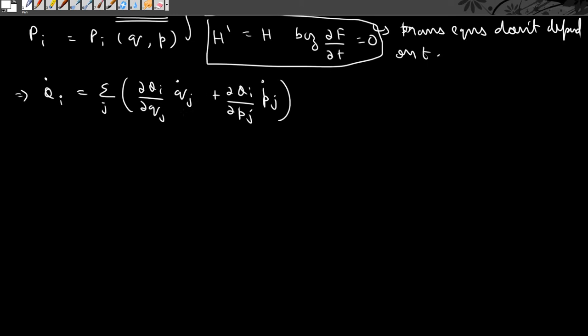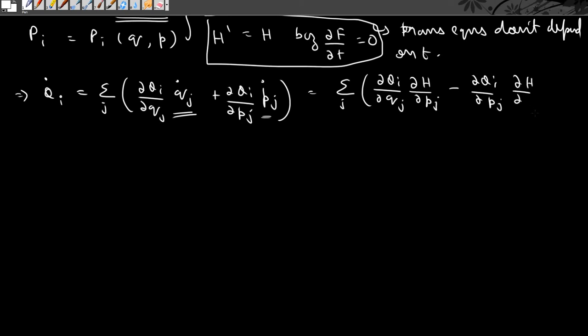Now if I use our Hamilton's equations to express q_j dot and p_j dot in terms of H, this will be equal to the summation over j of dou Q_i by dou q_j times dou H by dou p_j, because q_j dot is dou H by dou p_j, minus dou Q_i by dou p_j times dou H by dou q_j, again because p_j dot is minus dou H by dou q_j.